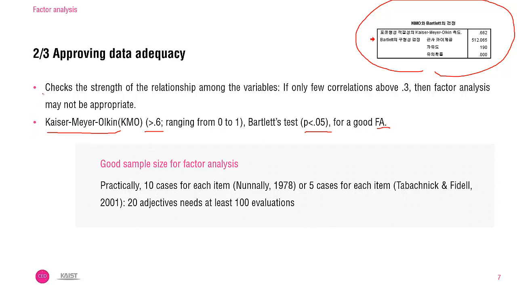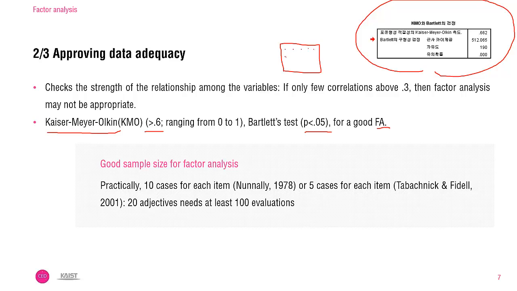Basically, without checking these two, you can check the adequacy manually as well. You can check the strength of the relationship among the variables. In the output of the vector analysis, you can check the correlation coefficients matrix.